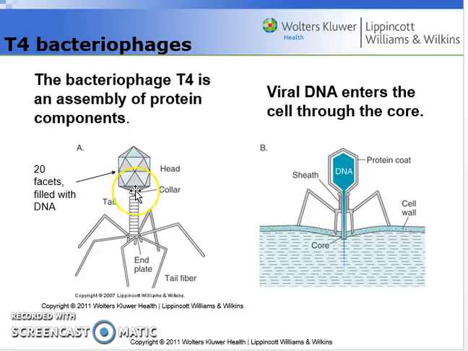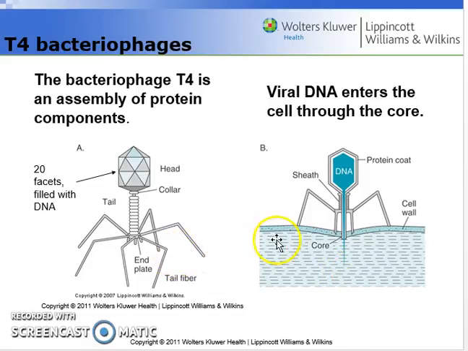The head is comprised of the capsid that surrounds the genetic material. Then you have this sheath that the genetic material passes through. One end of the sheath is known as the collar, the other end is called the end plate. The genetic material passes straight through the sheath and is injected down into the host cell that's going to be impacted.